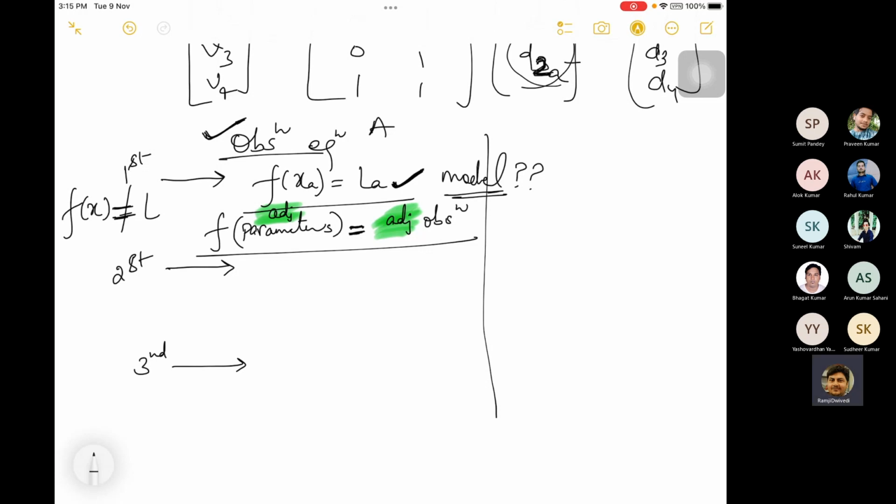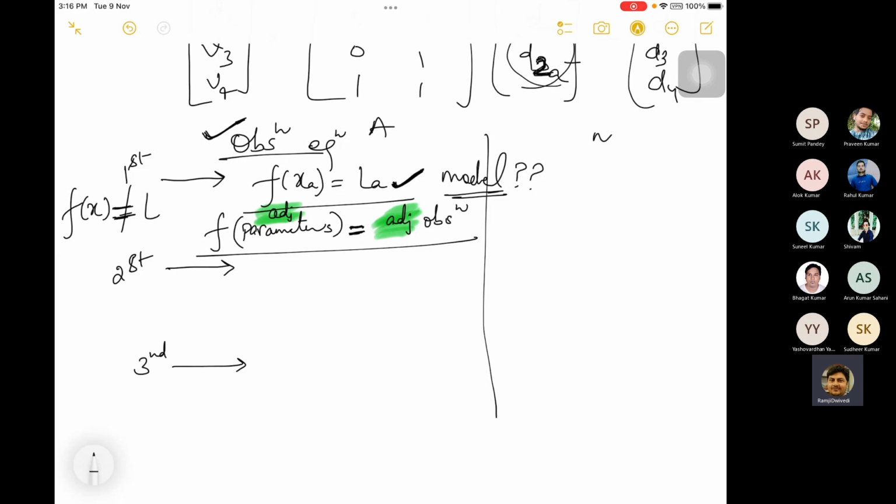Okay, anyways, so by reading the problem, once you read the problem, you immediately think of the so-called model, whether my problem could be fitted in this model where function of adjusted parameters is equal to adjusted observation. This kind of model is feasible for my problem or not.